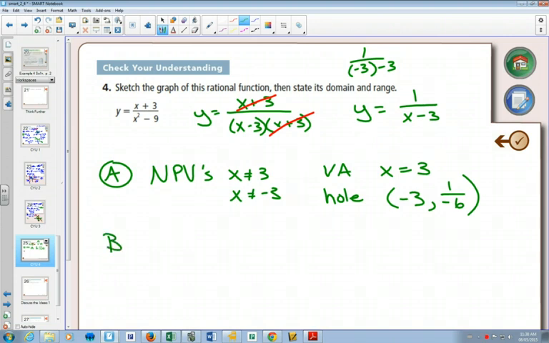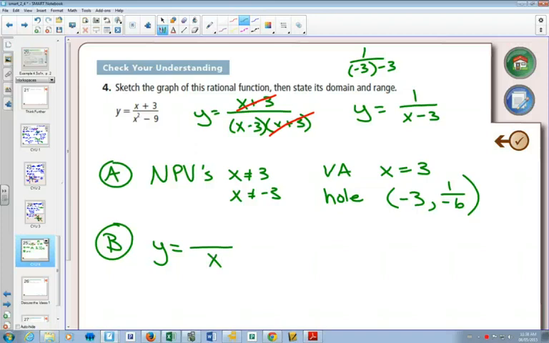Part B. When looking at your highest powers, notice this one is not one where we have the highest power on the top. So it's not going to have an oblique asymptote. So it's going to have a horizontal asymptote. But if we look at the highest power, either in our factored form or in the original one, but if I look at the factored one, the highest power that's left after I've simplified it is an x.